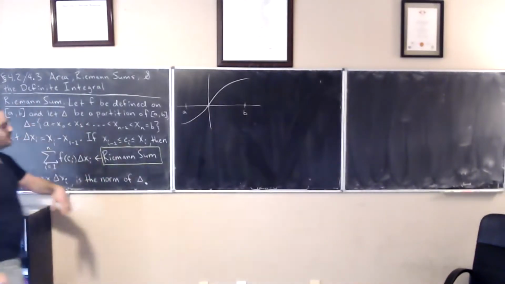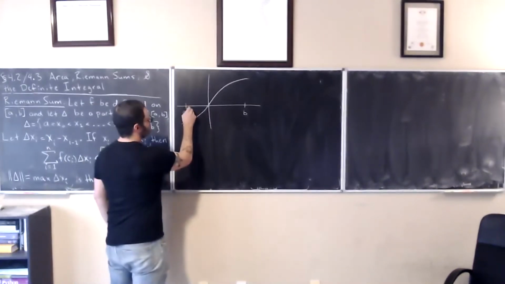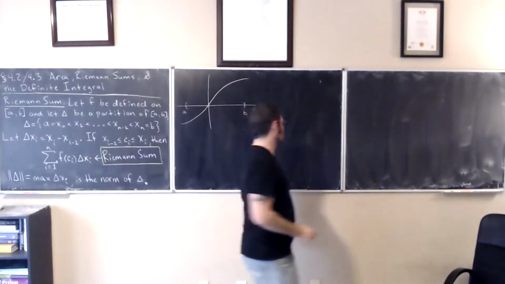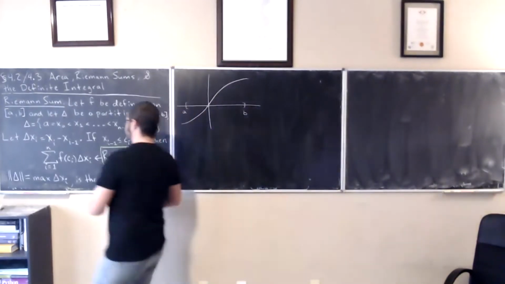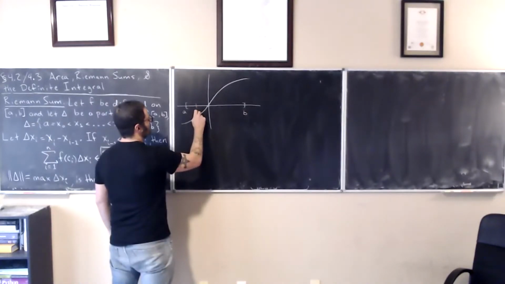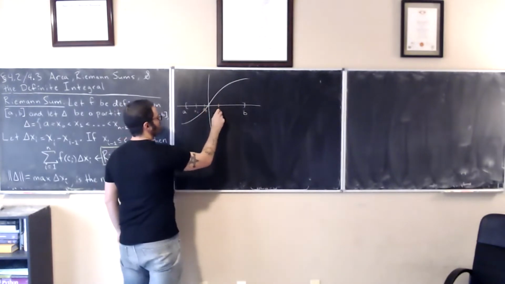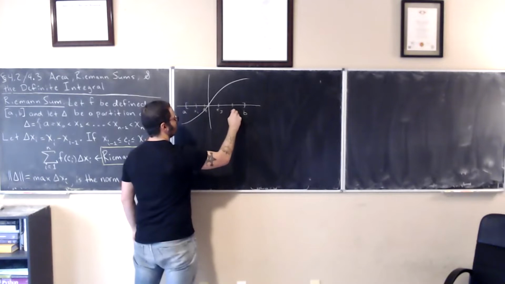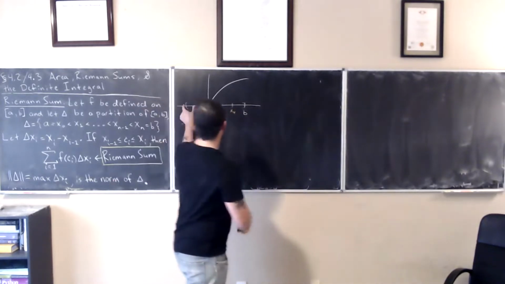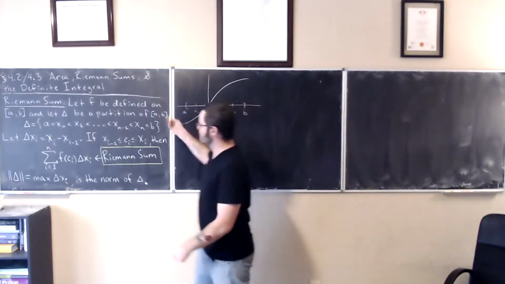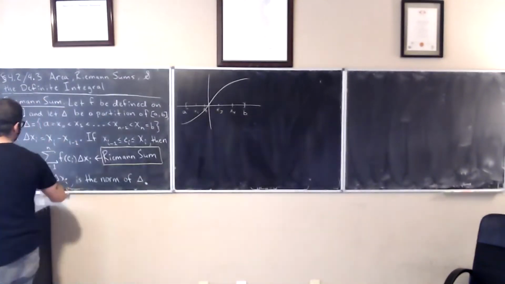So we partition this closed interval into subintervals. So for example, we could take x1, x2, x3, and then x4. So then this would be a partition into pieces, right? So we have these subintervals of the closed interval AB.